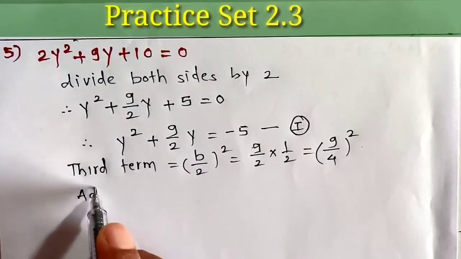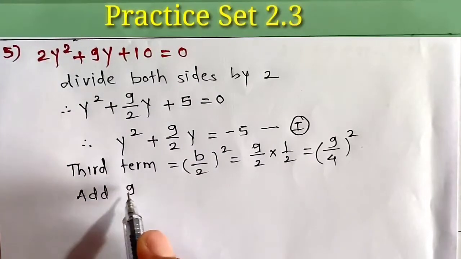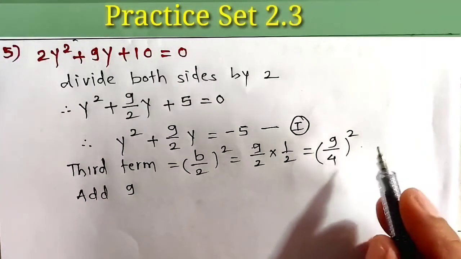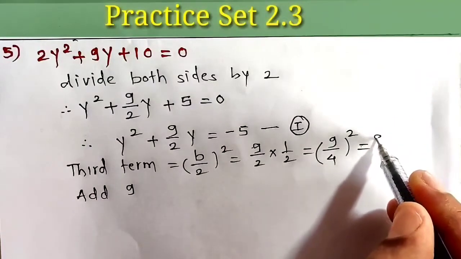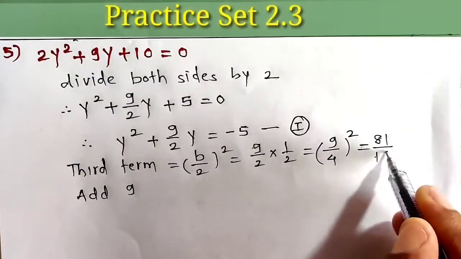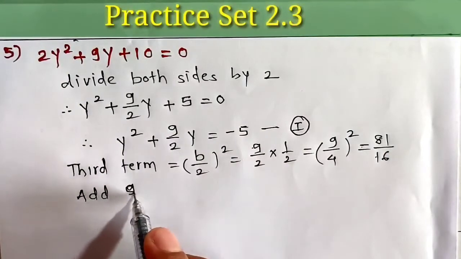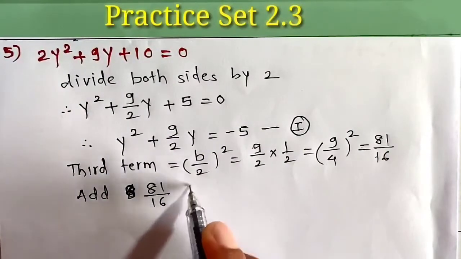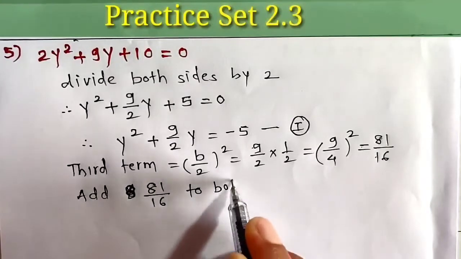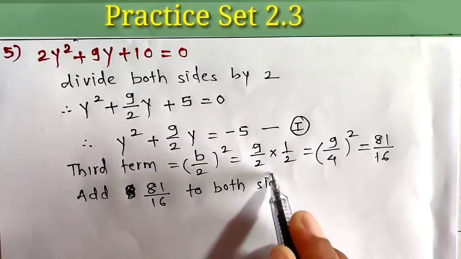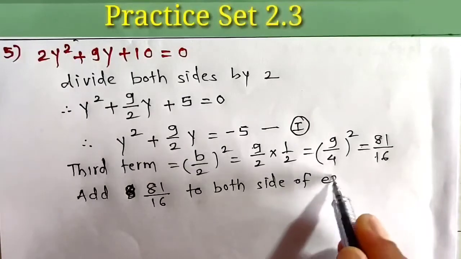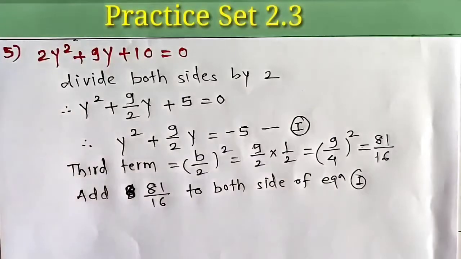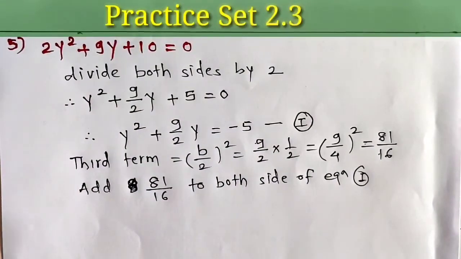Now add 9 by 4 bracket square, which is equal to 81 divided by 16. So we have to add 81 divided by 16 to both sides of equation 1.